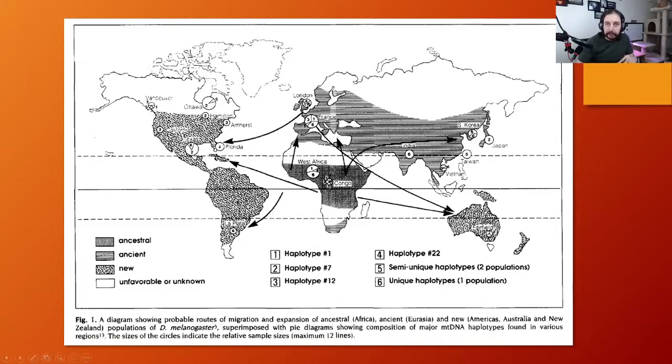We know that not only from this introduction, we know that from the Africa to Europe introduction too, which happened, if I'm not mistaken, between a million years and 100,000 years ago or something, but it's not really important. It happened twice. Humans went from Africa to Europe, and Drosophila melanogaster did too.